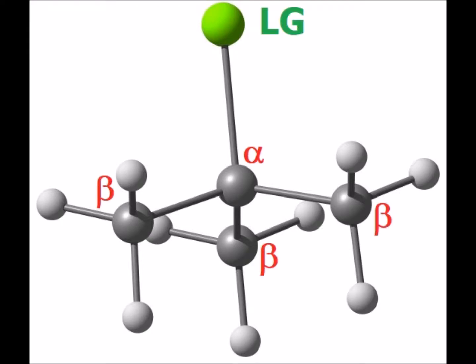Notice in tertiary butyl chloride that we have 3 beta carbons attached directly to the single alpha carbon, to which is bound the leaving group of chloride.